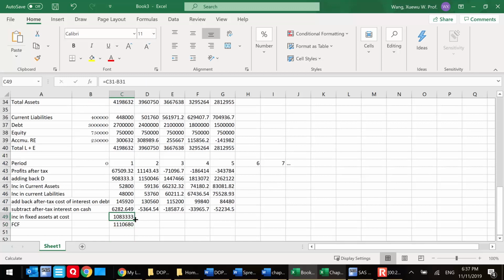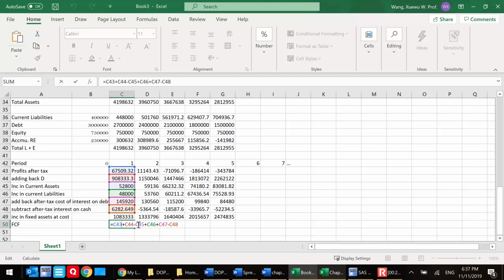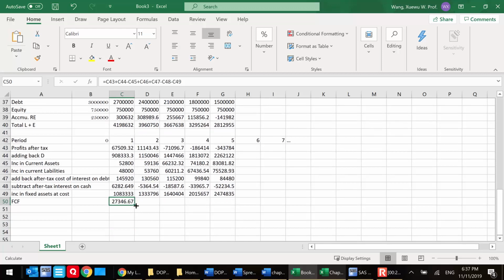So that term is there. So I'm going to copy across. And now I need to actually minus the increase in fixed assets at cost. Okay, so that is this number here, $27,346. And I can copy this to the right.